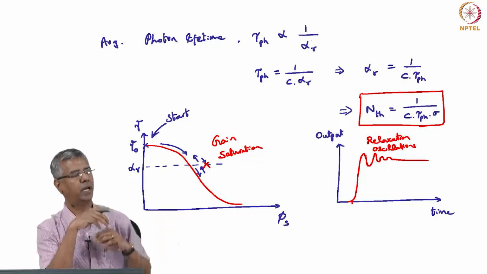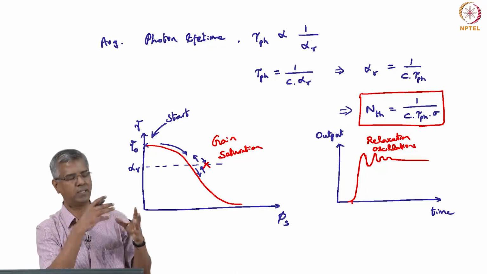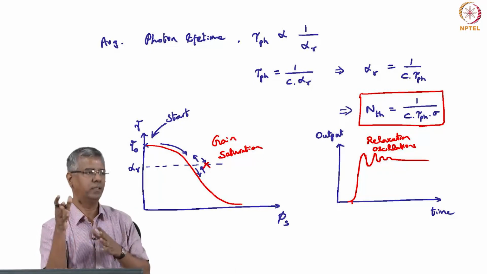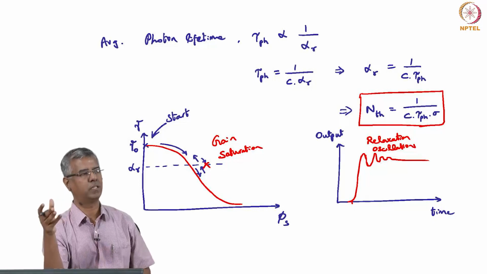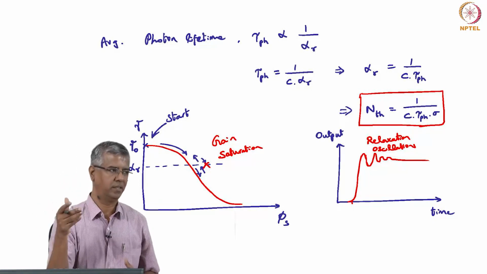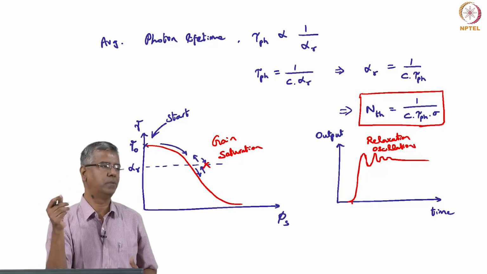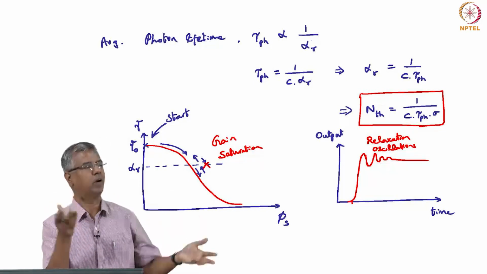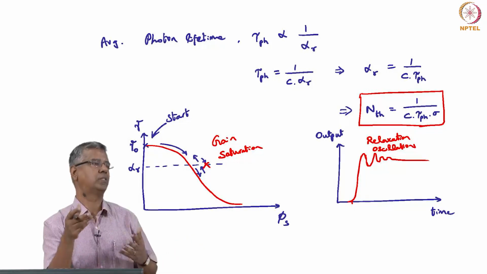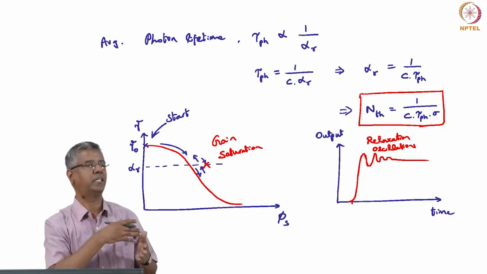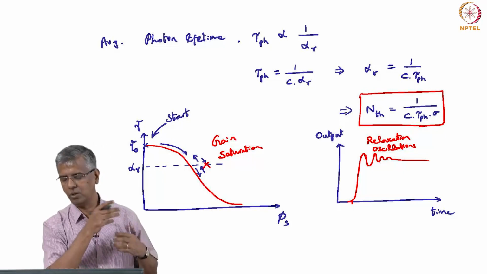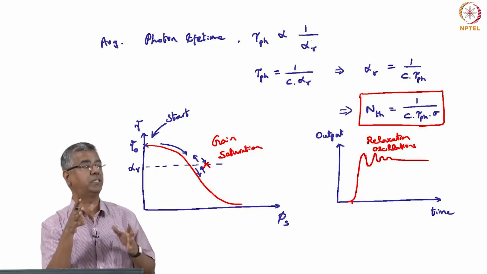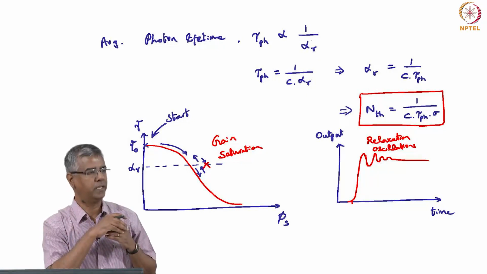That is determined, on one end with very few photons, by the spontaneous emission lifetime. On the other hand, if you have a lot of photons already in the cavity, then the stimulated emission time is a fraction of the spontaneous lifetime. So, the relaxation oscillation time period corresponds to a fraction of the spontaneous lifetime.